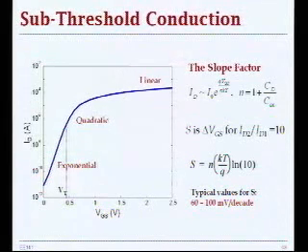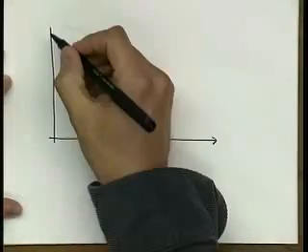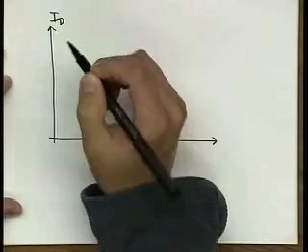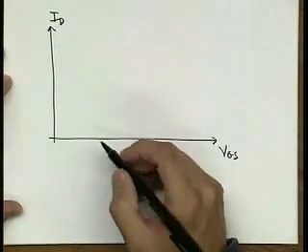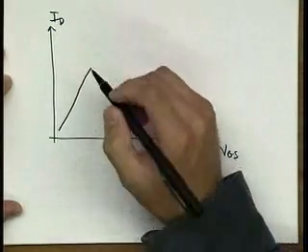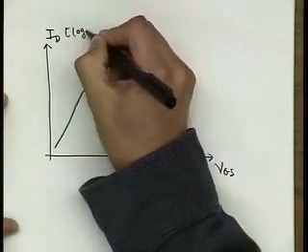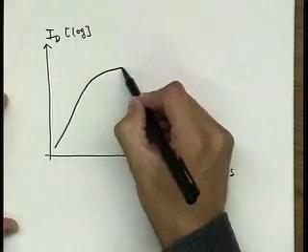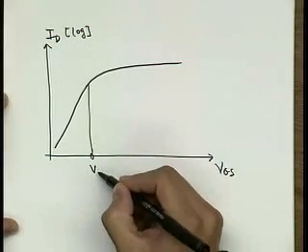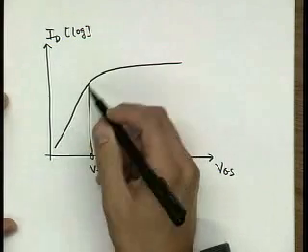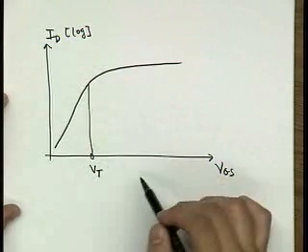And going to the overhead. What's even worse is that when you plot your ID versus VGS curve, on a logarithmic scale, and this is your VT, you can see an exponential dependence of ID on VGS.